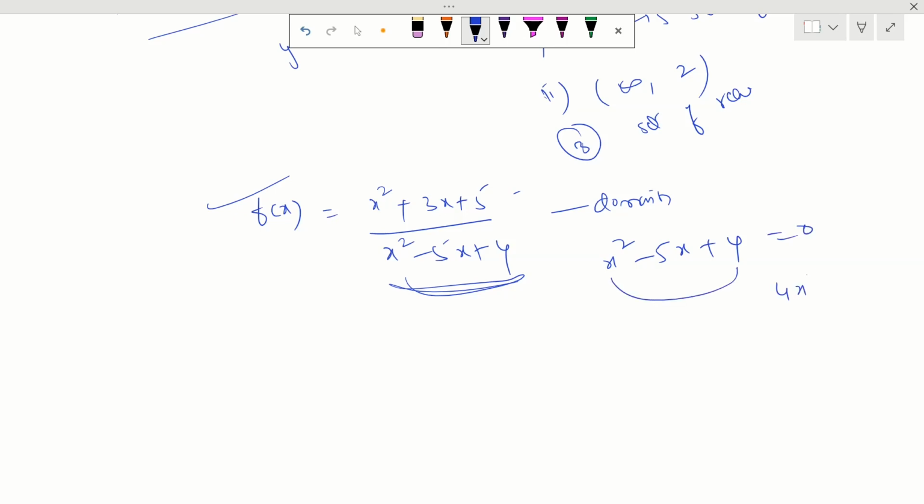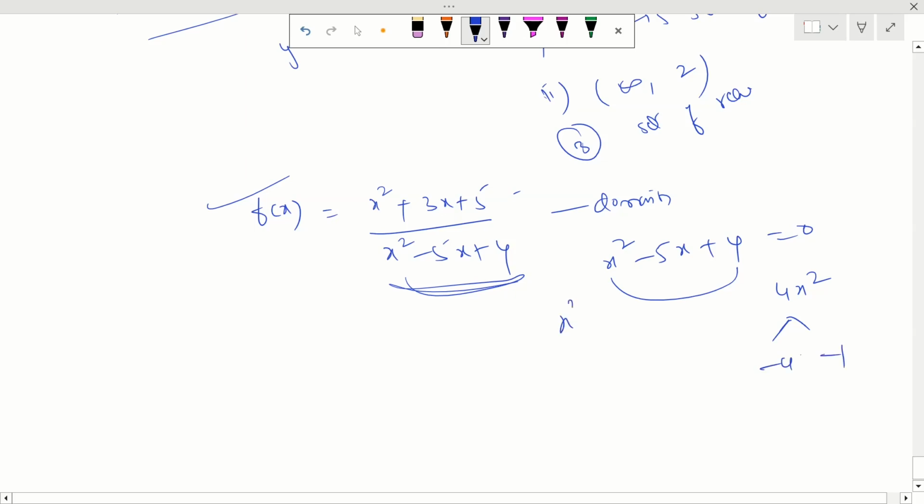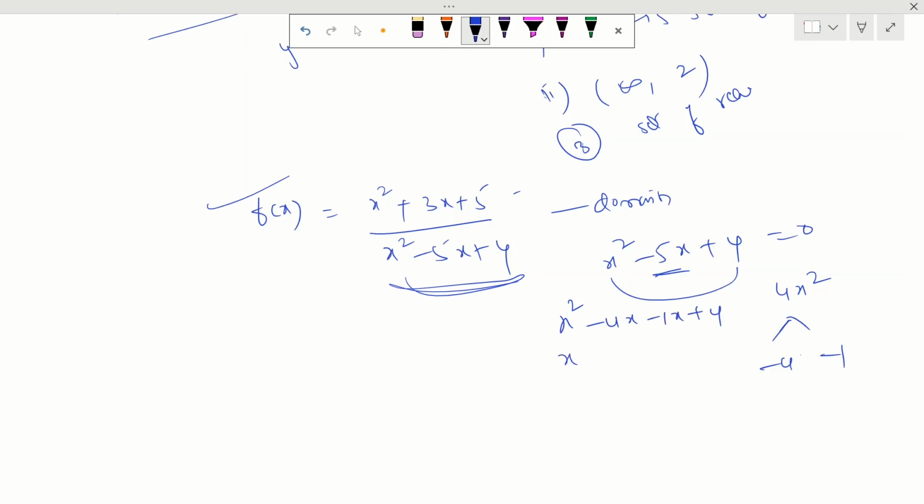This is x square. So for 4x square, what do we have here? For 5, we have to get minus 4 into minus 1. Then we can write minus 5x in terms of minus 4x minus 1x. Take x common: x into x minus 4, and minus 1 into x minus 4 is common.